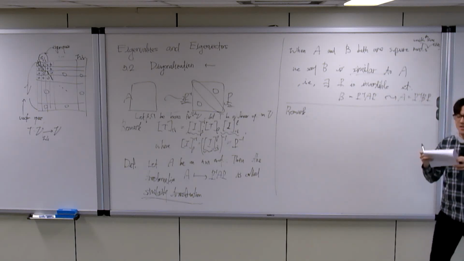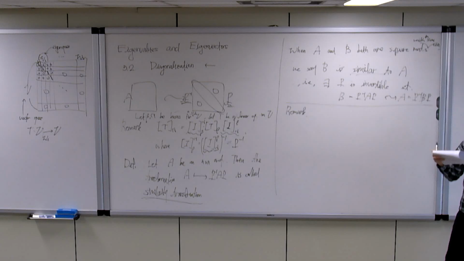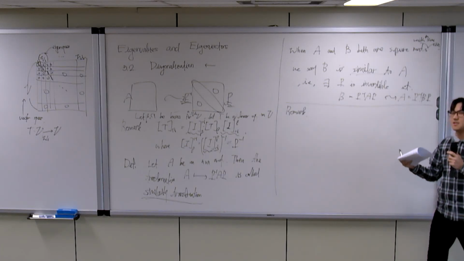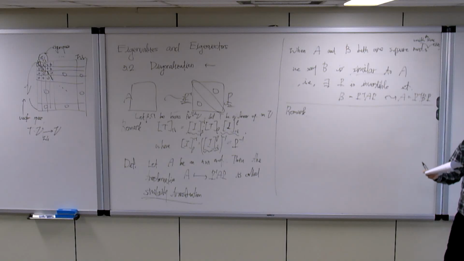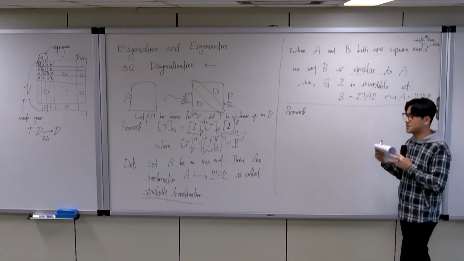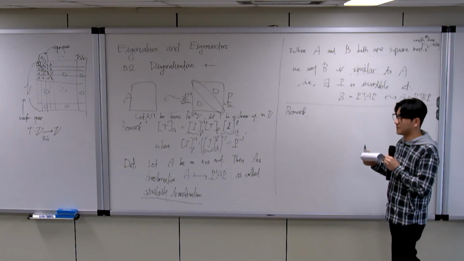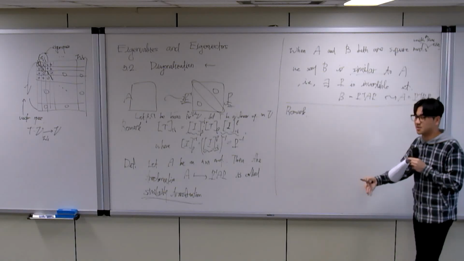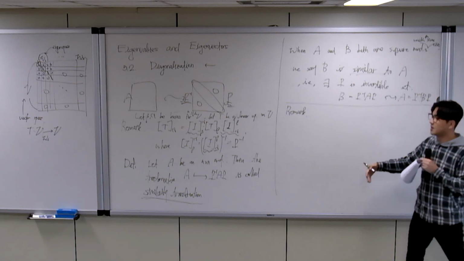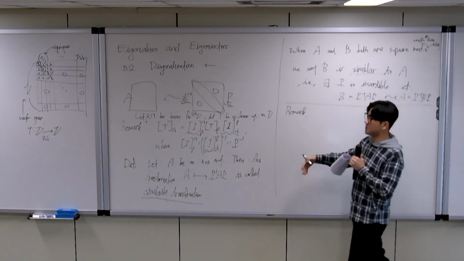Proposition. Let the map A to P inverse AP be a similarity transformation. Then there are several properties.